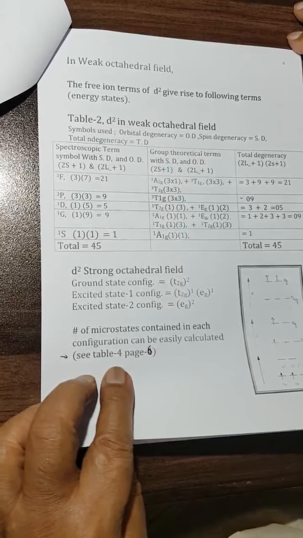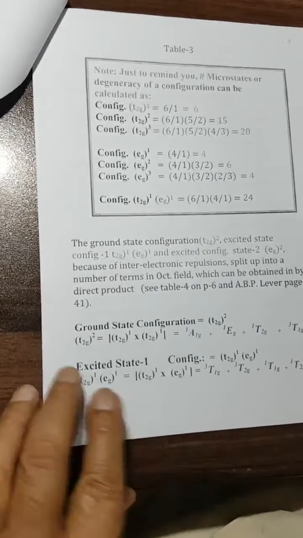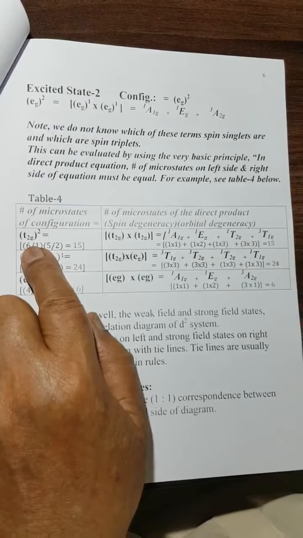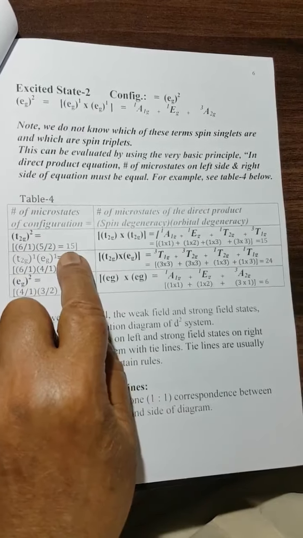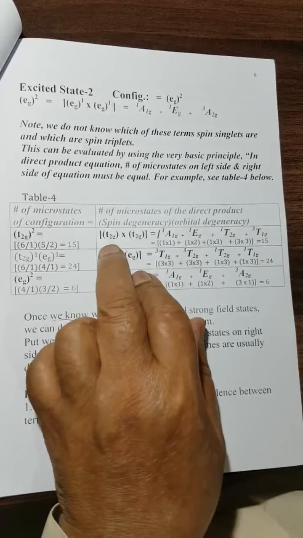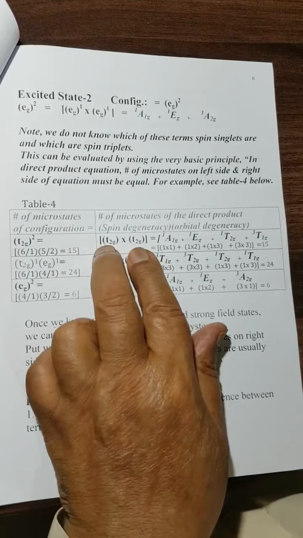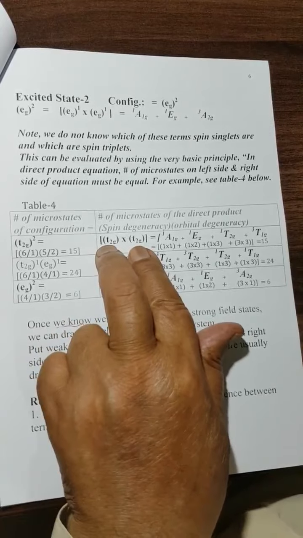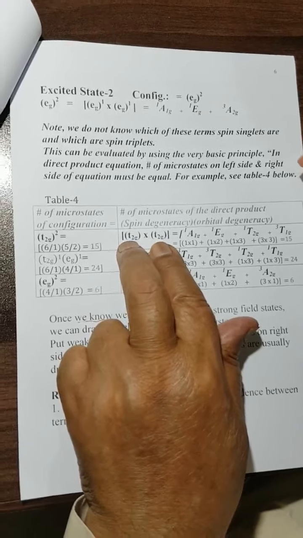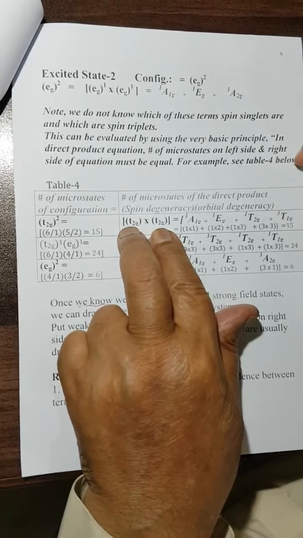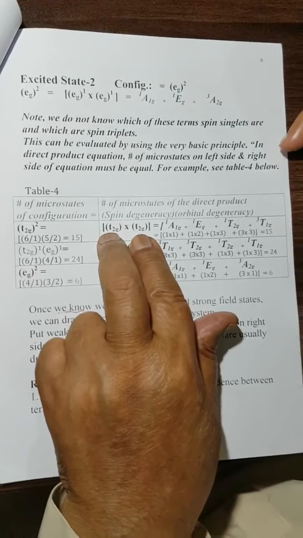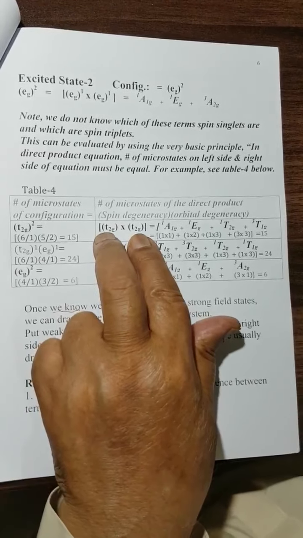T2G, how many microstates? 15. You know how to calculate that. When you multiply these two, it is given in the table below and also in the ABP Lever book, page 41.